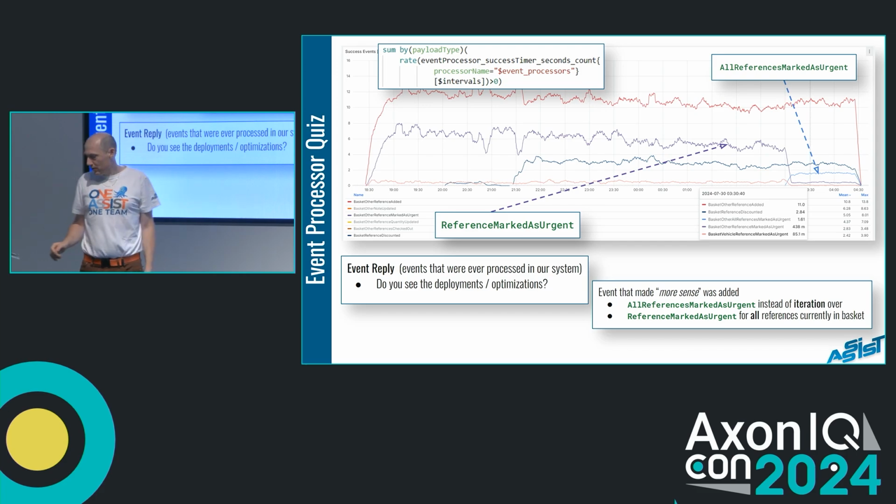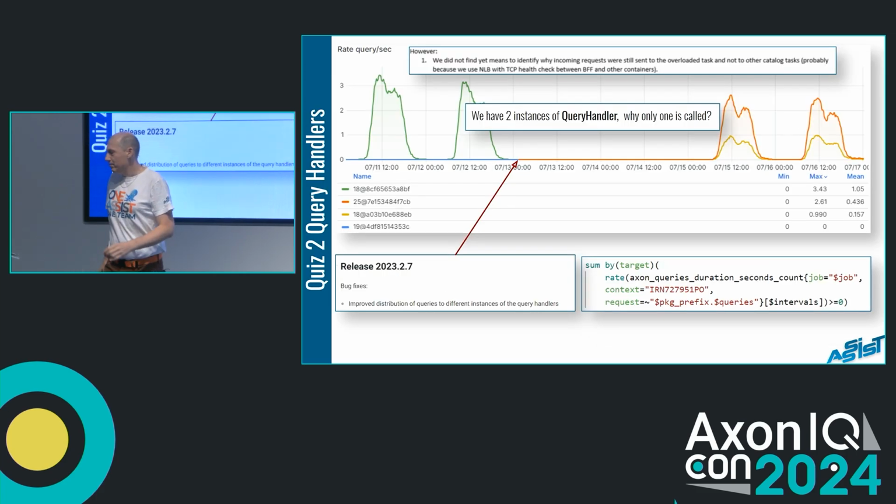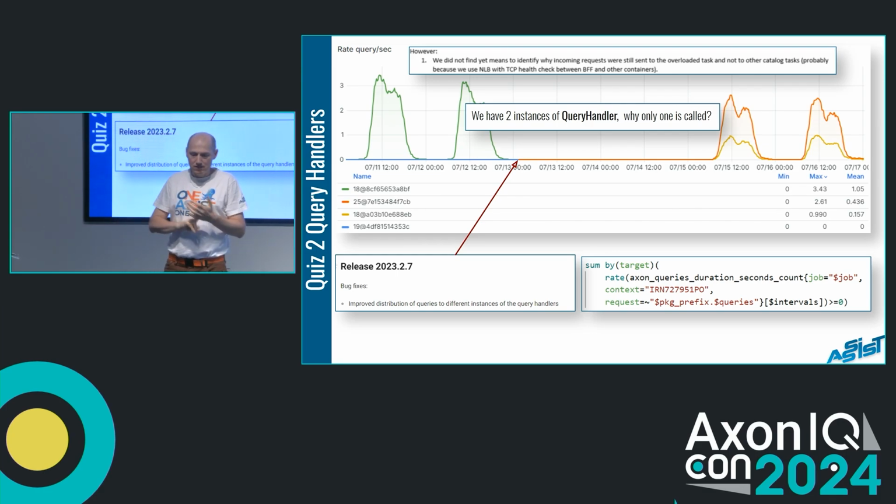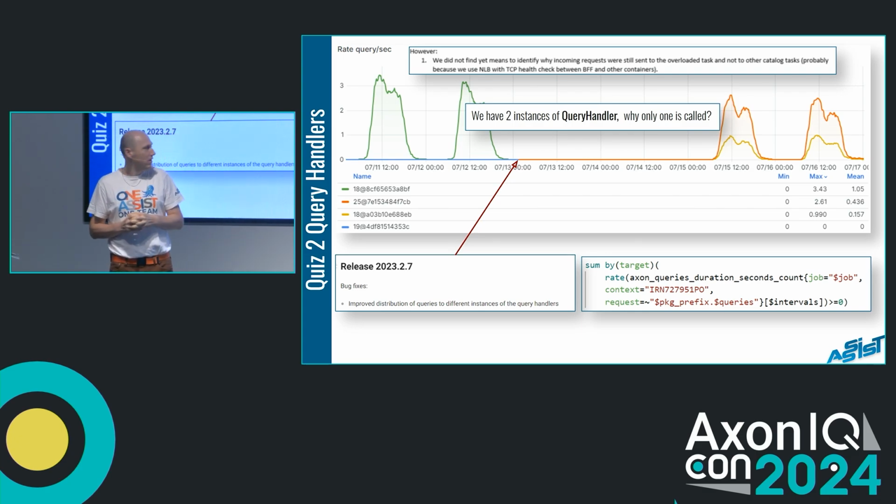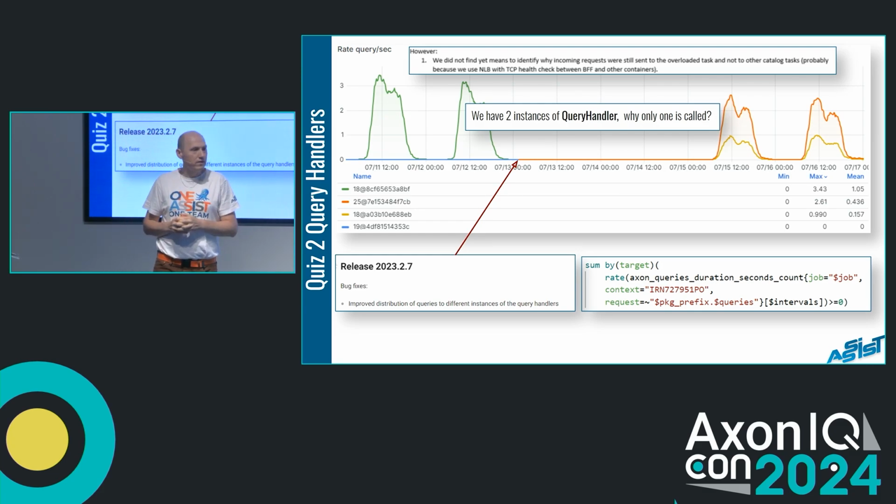It's nice, colorful. Yeah. I was contacted by one of our developers asking why we have two handlers for queries, and only one is always being called. Why is this happening? Well, I didn't know at the time, so we contacted the guys from Axon, and they said, look, there is this famous version.